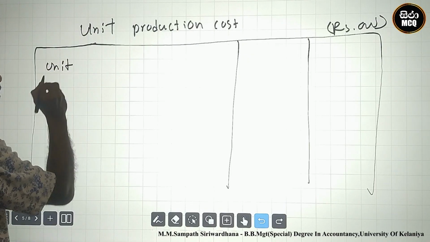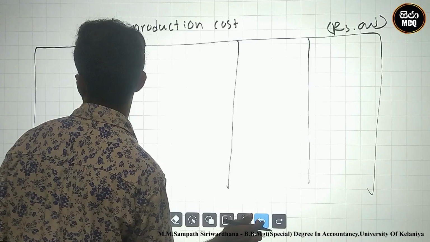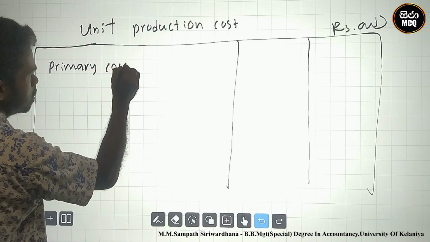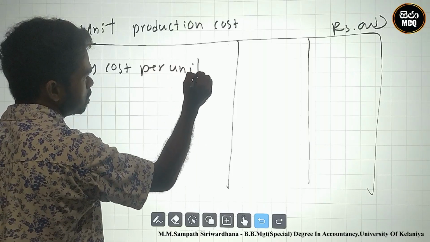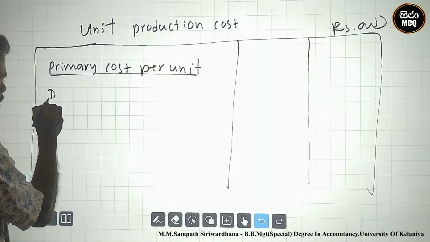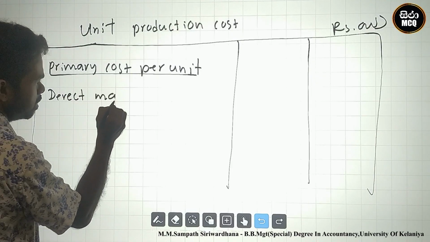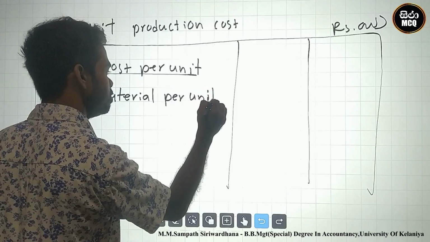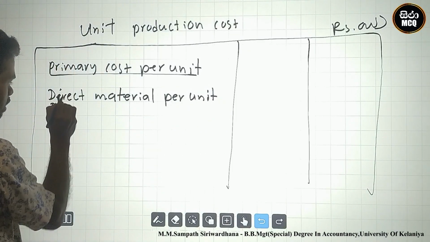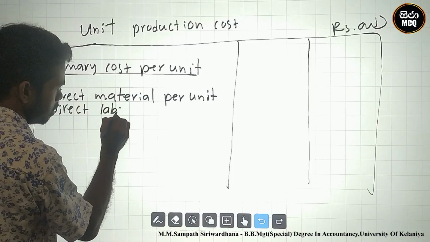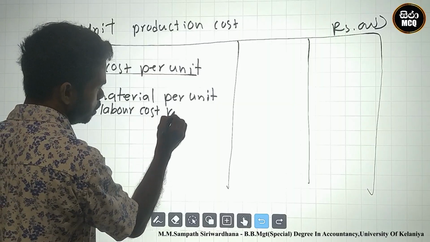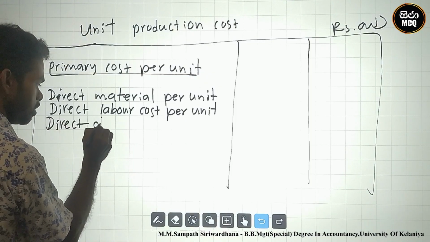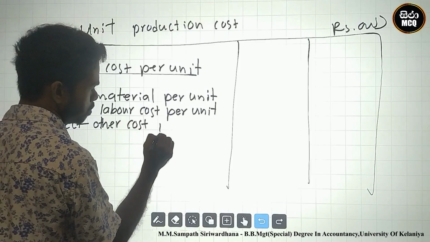First the primary cost per unit: direct material per unit, direct labor cost per unit, and direct other cost per unit. The sum of these gives the primary cost per unit.